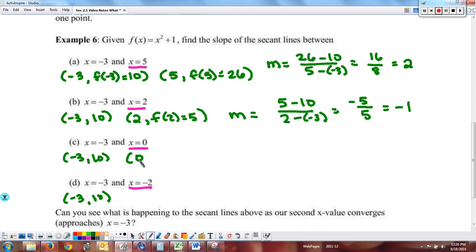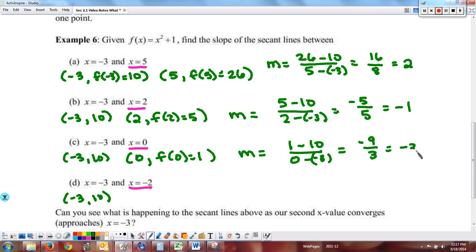Calculate it again. We take our point 0, f of 0, which is 1. So our slope is 1 minus 10 over 0 minus -3, which is -9 over 3, or -3.